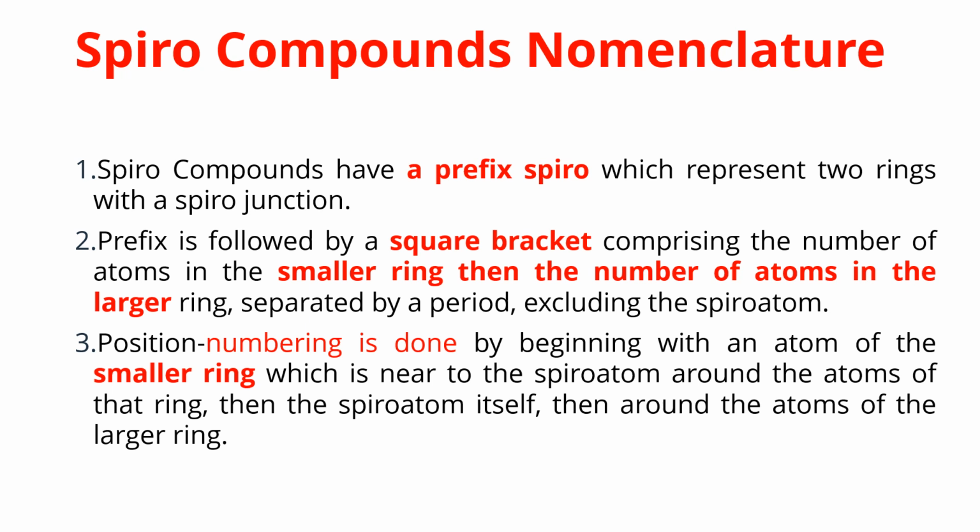So it is called the ascending order. And then numbering is always done from the smaller ring first, followed by the bigger ring. So this is the opposite of bicyclo. So Spiro means smaller ring first, and numbering also from the smaller ring side. That you have to remember.